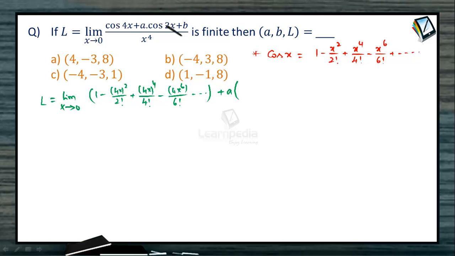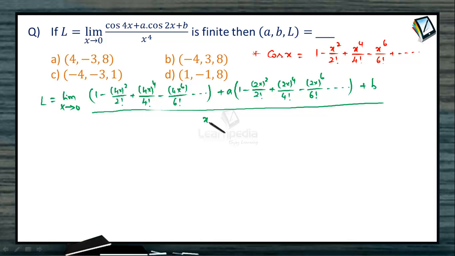Now again, how will be the expansion of cos 2x? Yes, it would be 1 minus (2x) whole square by 2 factorial plus (2x) to the power of 4 by 4 factorial minus (2x) to the power of 6 by 6 factorial, so on up to infinite, plus a constant b, whole expression divided by x to the power of 4.